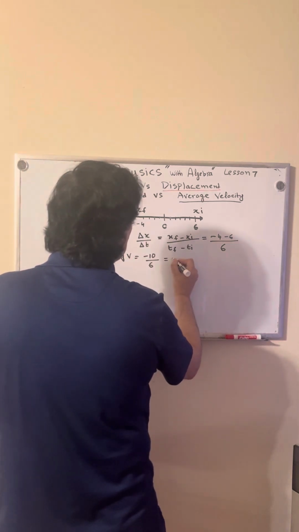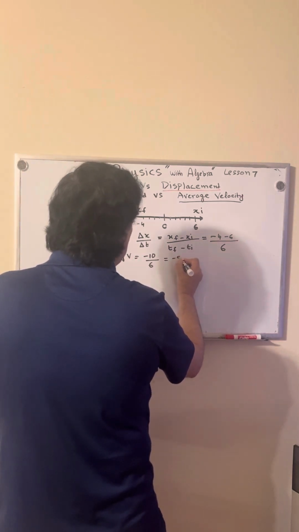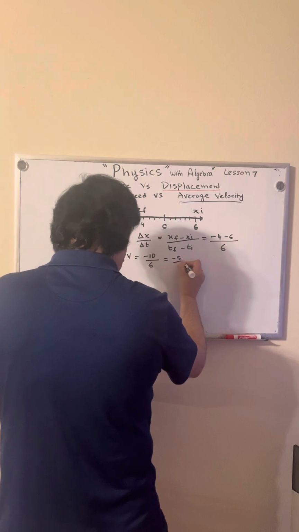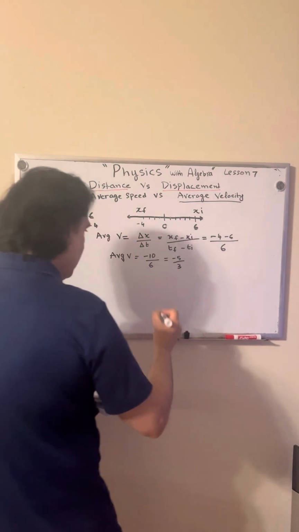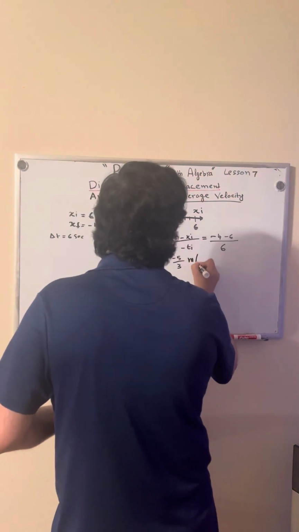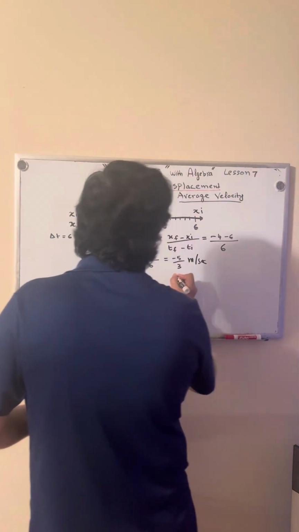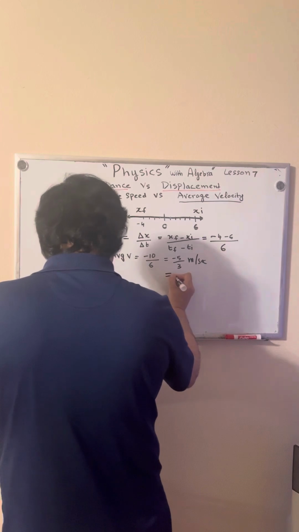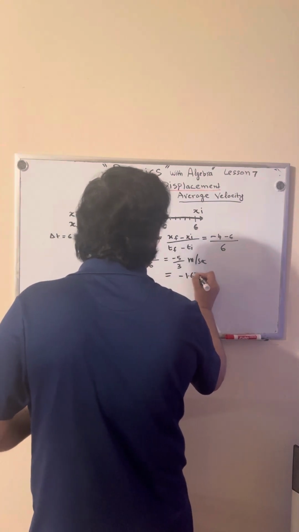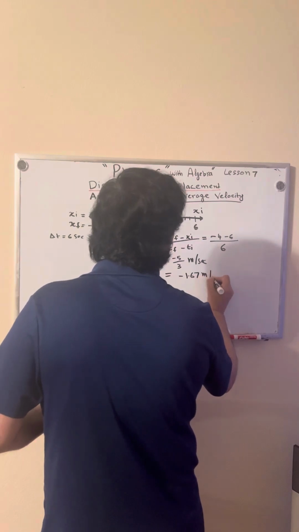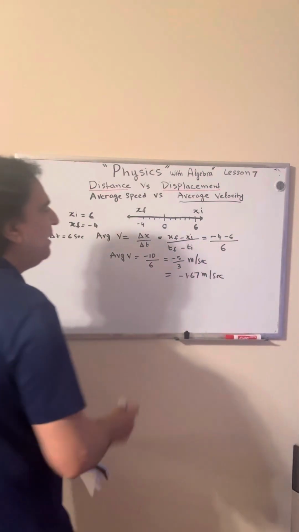So this becomes minus 5 over 3. Okay? And that's meters per second. If you solve this further, you will get negative 1.67 meters per second. Now, what does this negative mean?